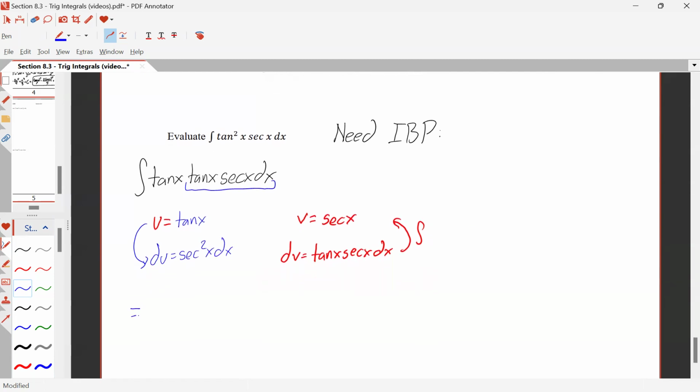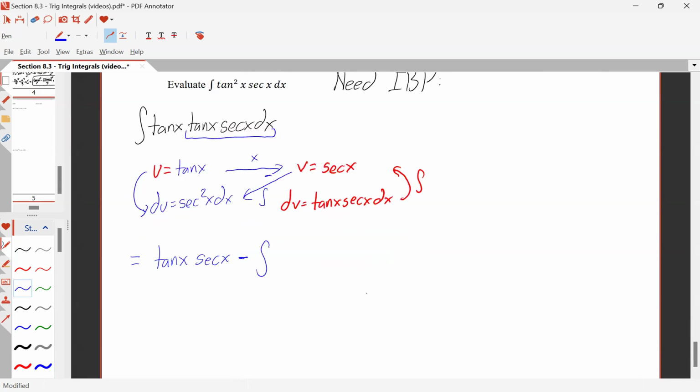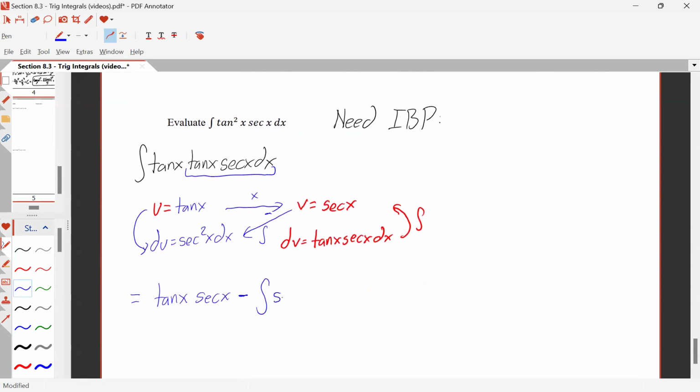Filling in the integration by parts formula, we multiply u times v. So tangent x secant x minus the integral of v du, which is secant cubed x dx.